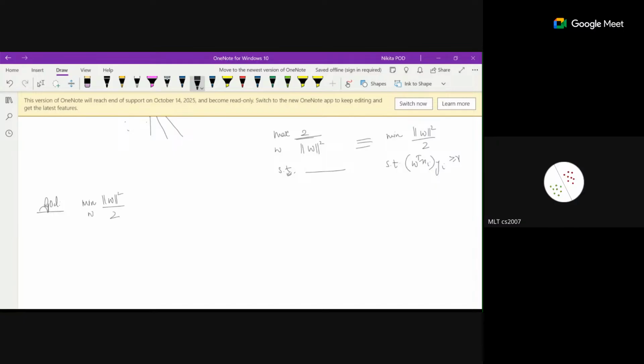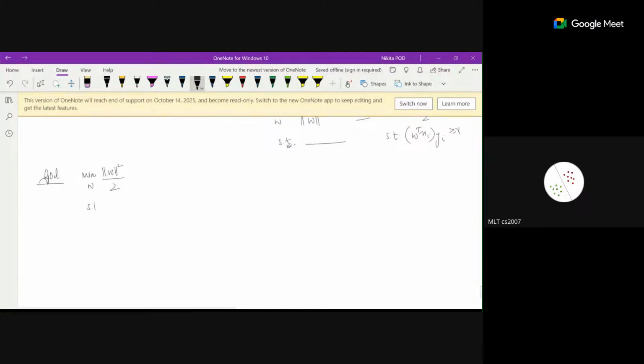So this is something that we wanted to minimize, subject to the constraint that W transpose Xi Yi is less than or equal to gamma.